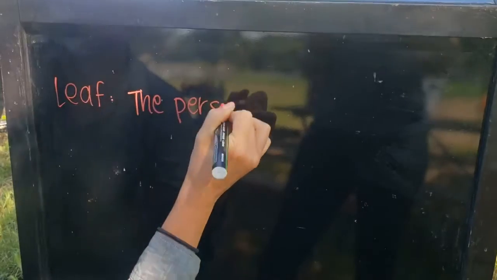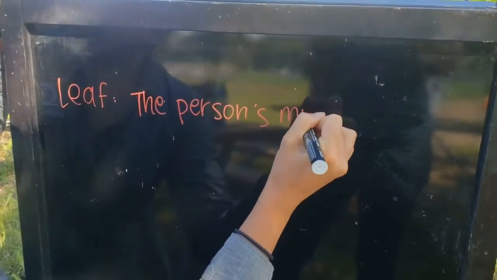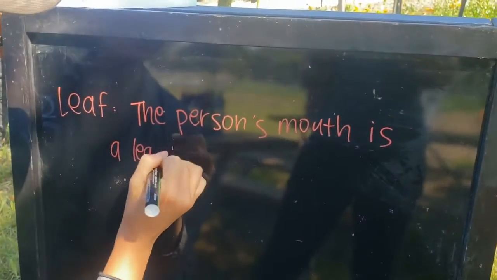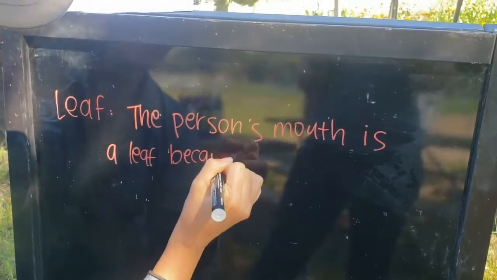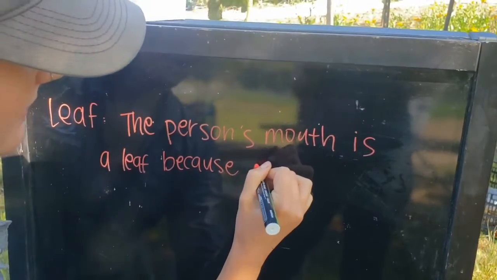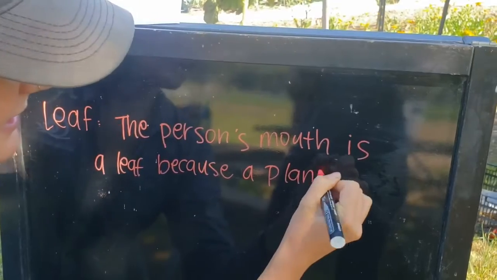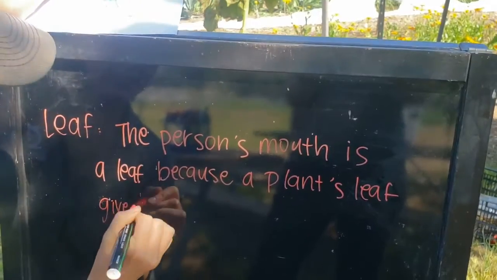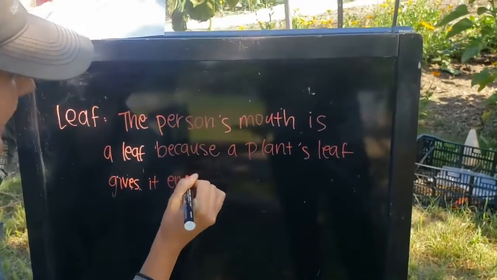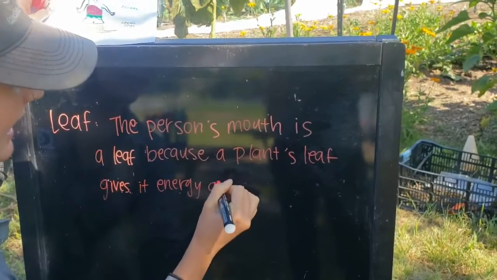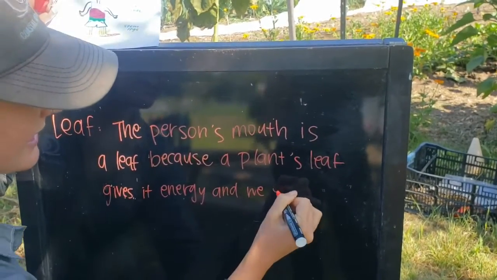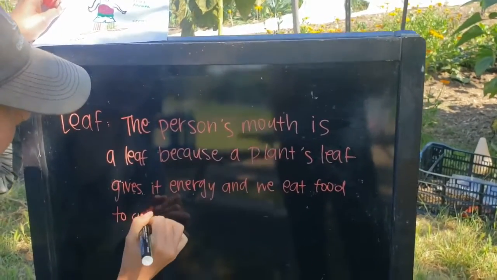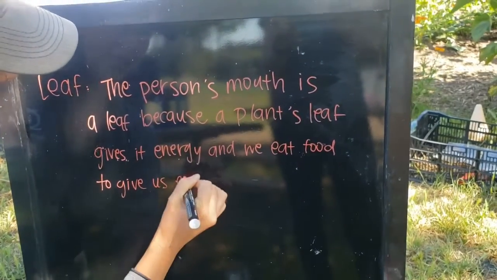The person's mouth is a leaf because a plant's leaf gives it energy, and we eat food to give us energy.